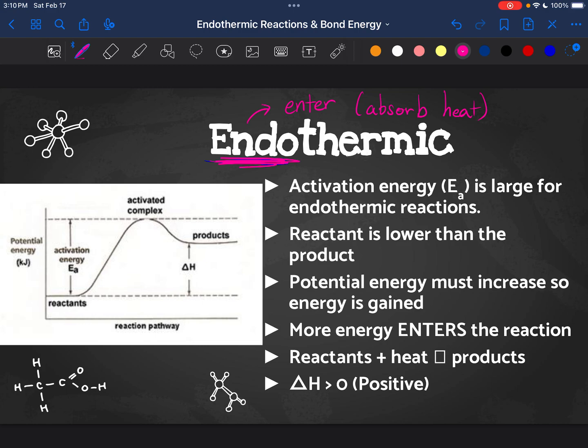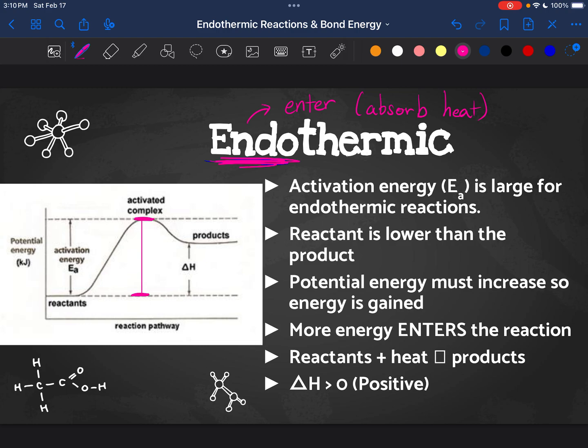An endothermic reaction is when the activation energy is large. As you can see from this peak all the way to this reactant, it's pretty big. The reactant is lower than the product.